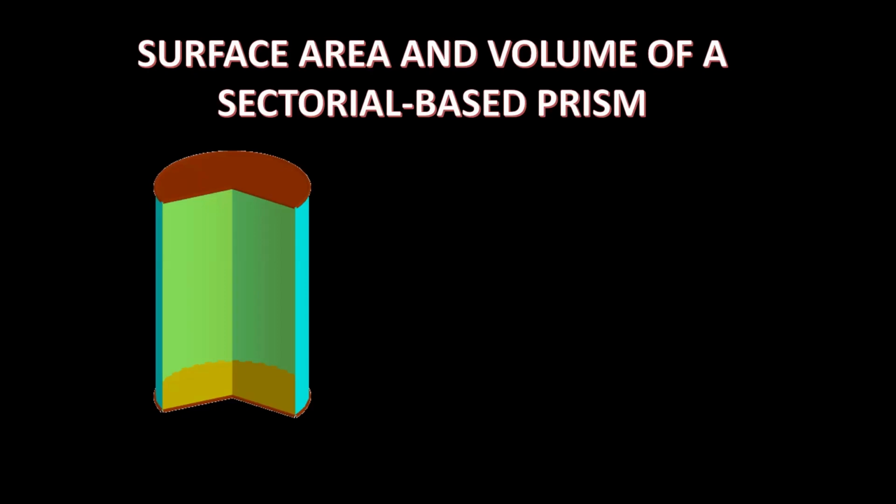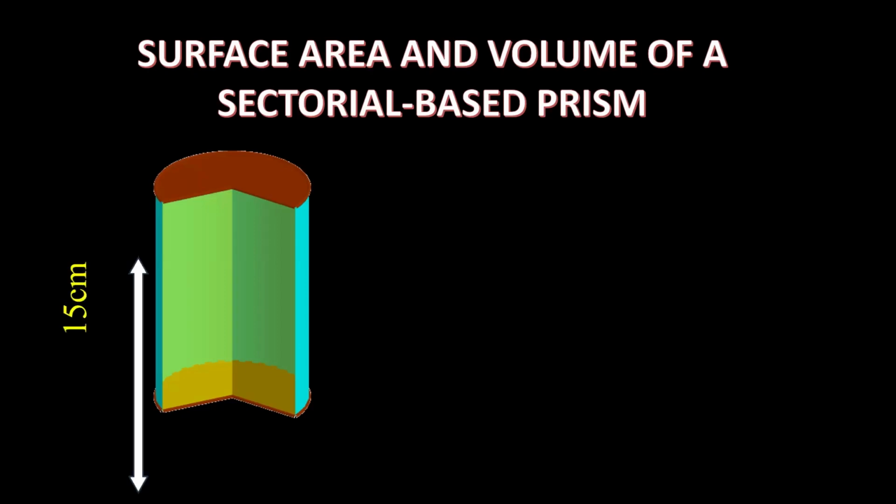This question has appeared sometimes in WAEC examination, and students have difficulty trying to figure out how to really get the total surface area as well as the volume of this prism. So today in this video, we are going to give a detailed solution, step by step, of how this can be achieved. So we urge you to stay glued to this channel and enjoy as we navigate along.